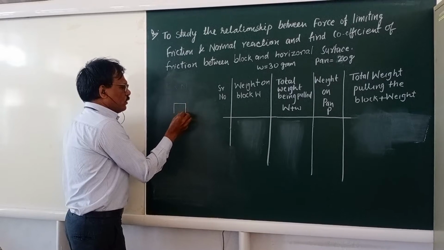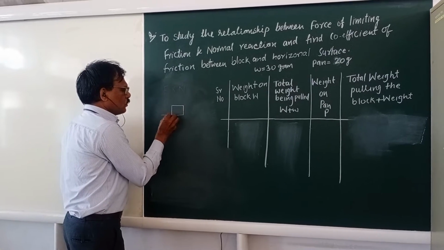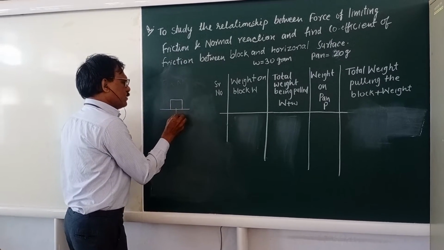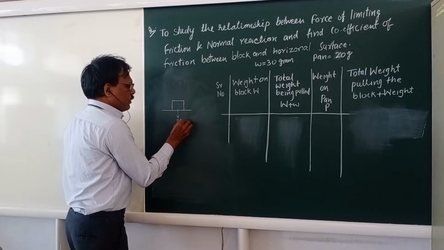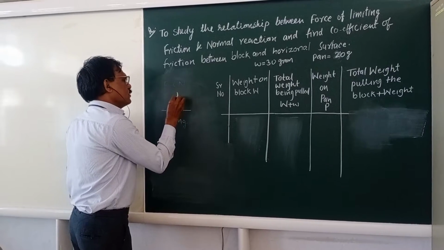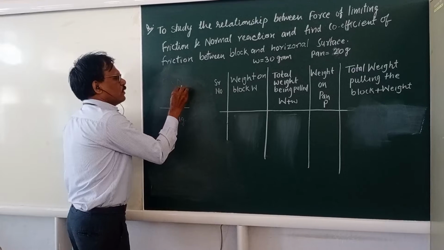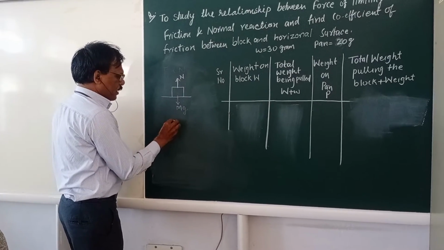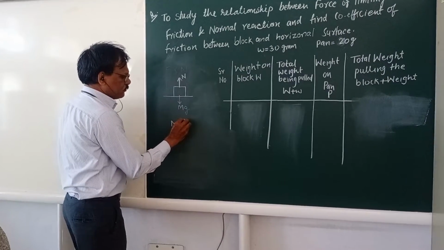If we keep one block on the surface, mg acts in the downward direction and normal reaction acts in the upward direction. At the equilibrium state, N equals m into g.